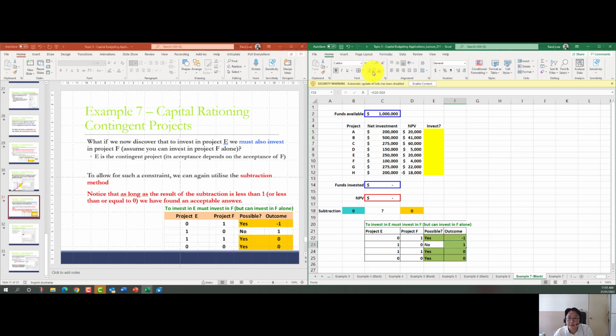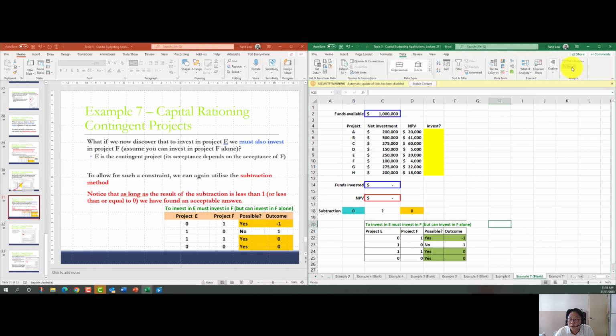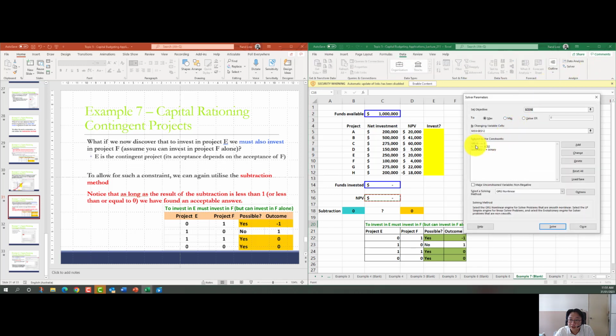And this one is just one, put that as no fill. So we have the same thing over here, but we just have to adjust our solver. We're just going to make sure that B18 is now less than or equal to 0, which is the constraint we have here. So we continue to maximize NPV.